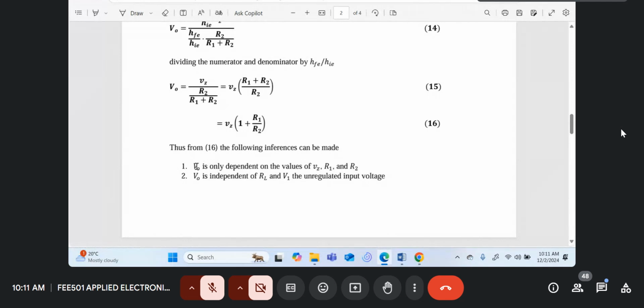Number one, V naught is only dependent on the value of Vz, R1, and R2. That is, it is independent of RL and V1, because we don't see RL and V1 in equation 16.